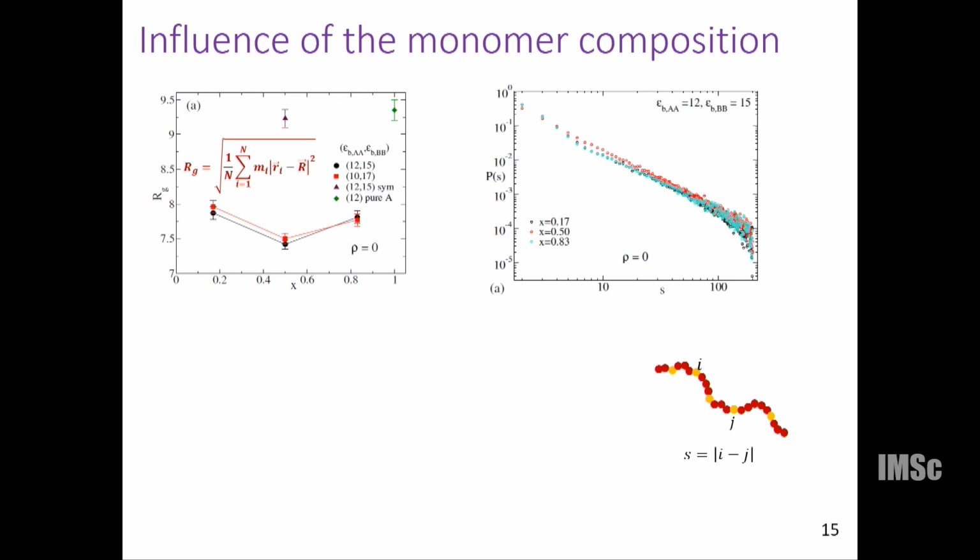If you look at the histogram of such contour distance profiles, this is how it looks. What you see here is that for x equal to 0.5, the long range loops are relatively more. You can see the magnitude of these red bars is slightly more as compared to the other two cases. Why is that happening?